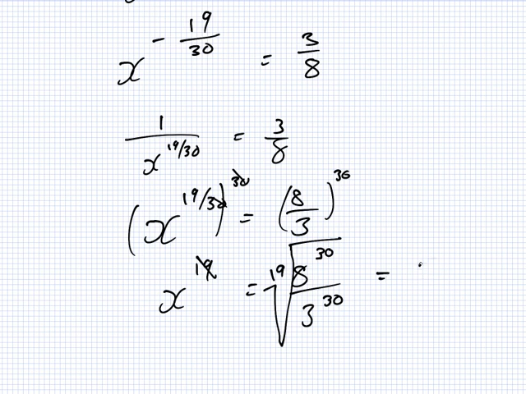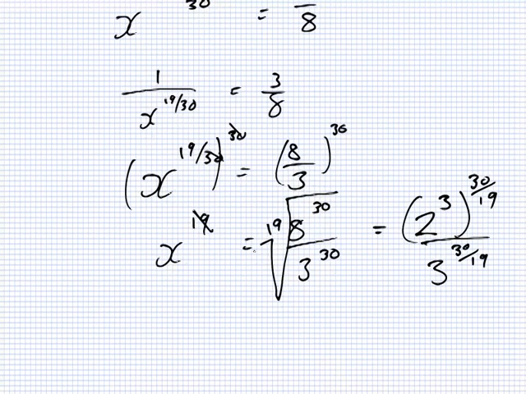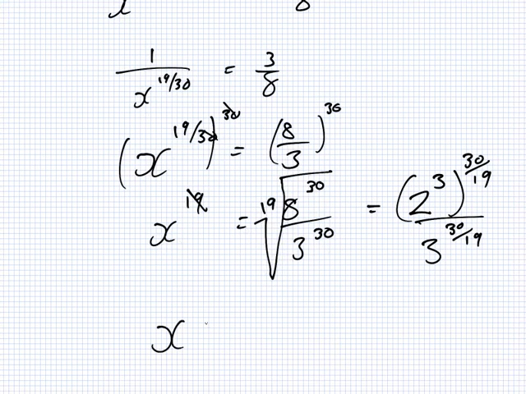This is 2 cubed, power 30 over 19, and this is 3^(30/19). So finally we get x equals 2^(90/19) over 3^(30/19).